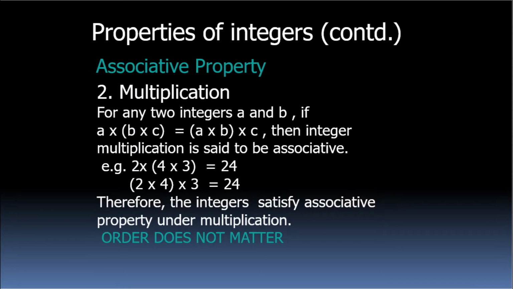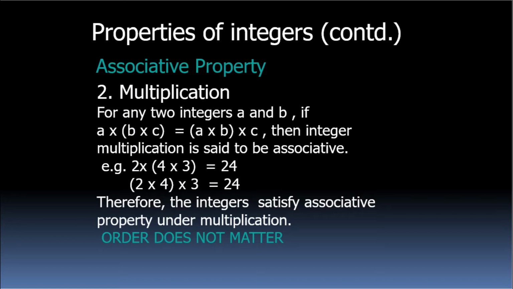Second is the associative property for multiplication. For any integers a, b and c, if we multiply a by a group of b times c, that is equal to a times b, which is a group to be multiplied with c. So integer multiplication is said to be associative.